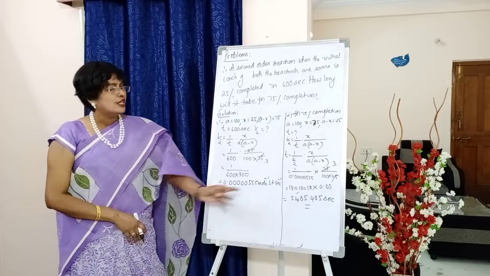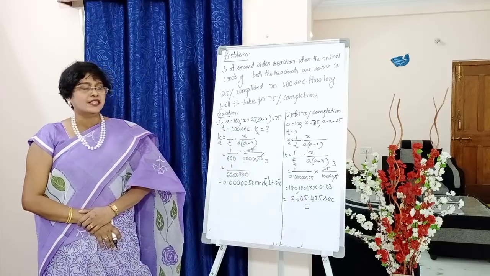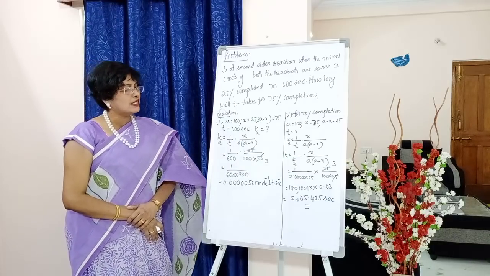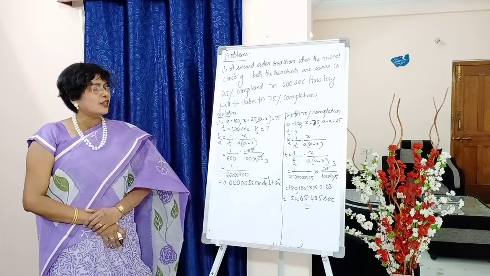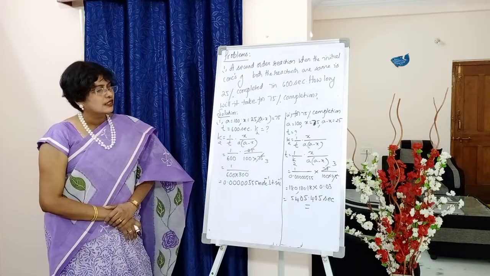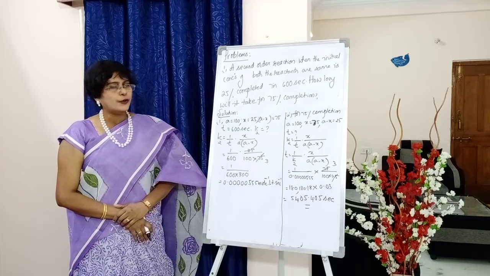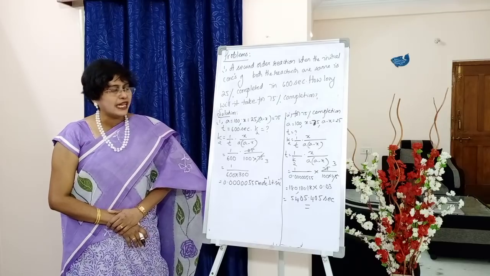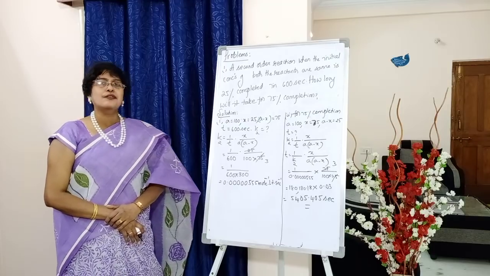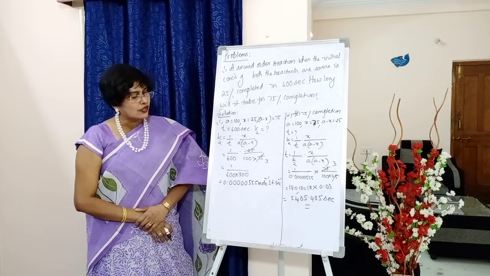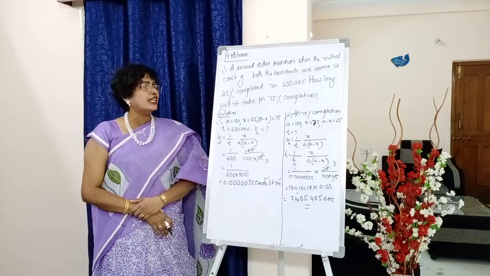If you divide this, we get the value 180.18, 180.18 more digits are there, but I have stopped there, into 0.03. 75 by 100 into 25, that is 3 by 100, so 0.03. Finally, if you multiply, we get around 5,405.405 seconds. So this is your time taken for 75% completion of the reaction.